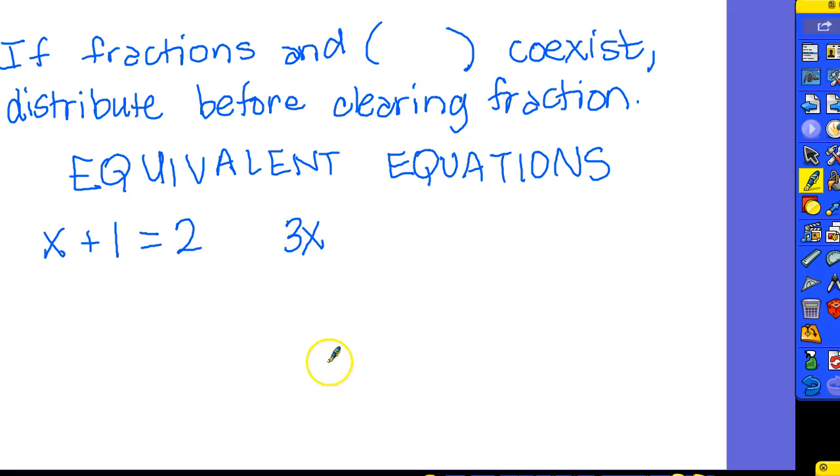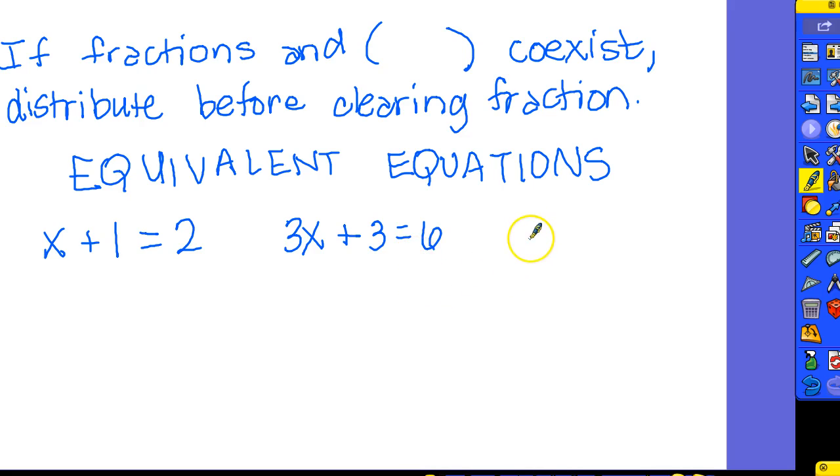How would I have to change the 1 and the 2 so that I could have a lead coefficient of 3? Multiply everything by 3. That would be a 6, right? They are equivalent equations. They both have a solution of 1.